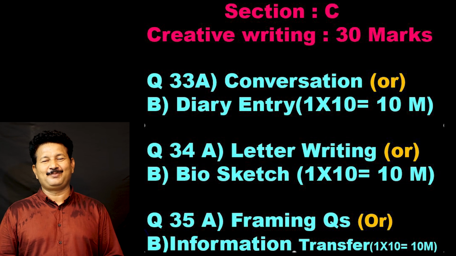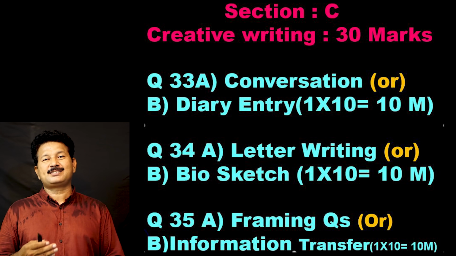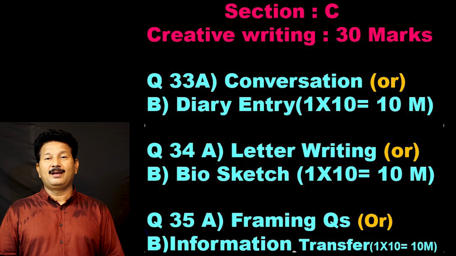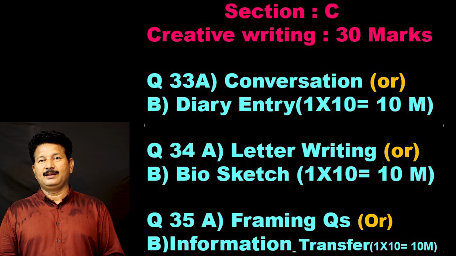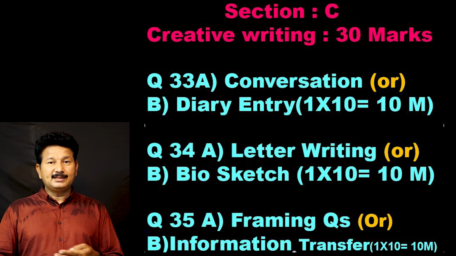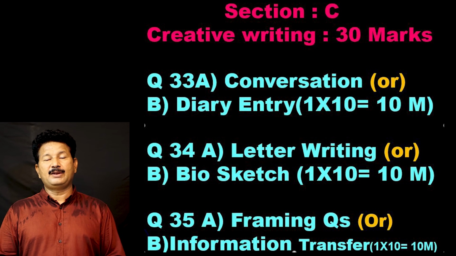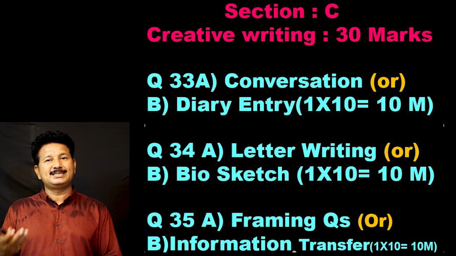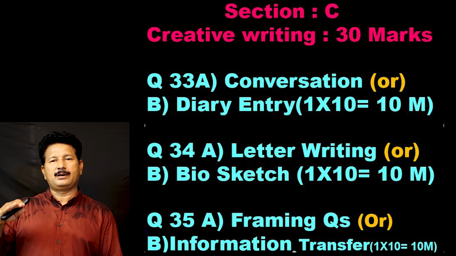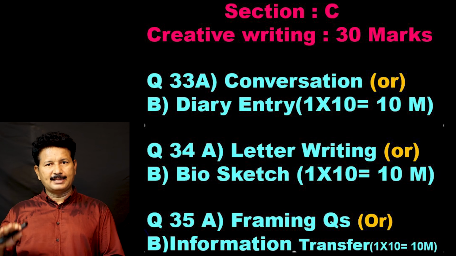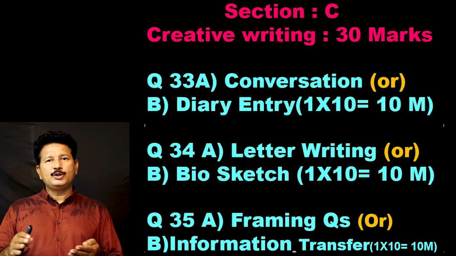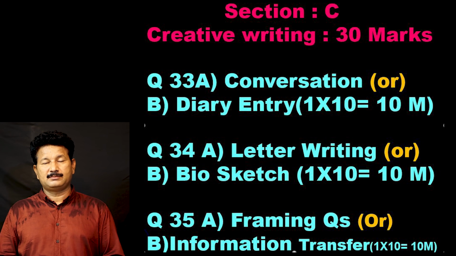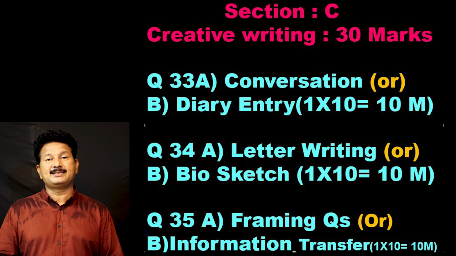Again, you have choice. But this question number 35, I'm sure that it is the deciding factor for you. When you are writing this information transfer, we'll talk about the pie chart and what it is all about, and you can talk about the highest and the lowest, and you can give your own reflections after reading that table or pie chart.